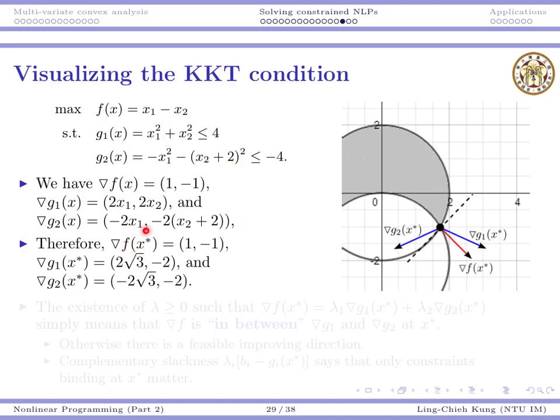So at an optimal solution, at square root of 3 and 1, we plug in those numbers and get these vectors. Graphically, this is gradient f, this is gradient g1, and this is gradient g2. These are just simple algebra.